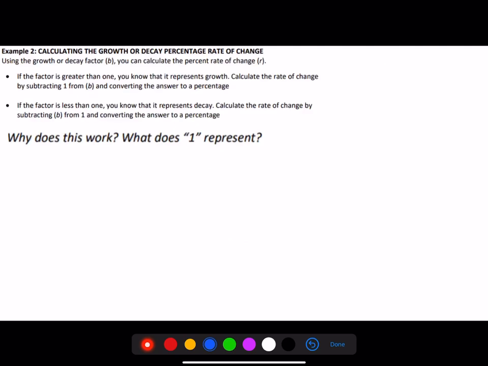Example 2. Calculating the growth or decay percent rate of change. Now, this is the most tricky part. This is our R value that we're trying to find here. Now, if B, the factor, is greater than 1, we automatically know that we have growth.